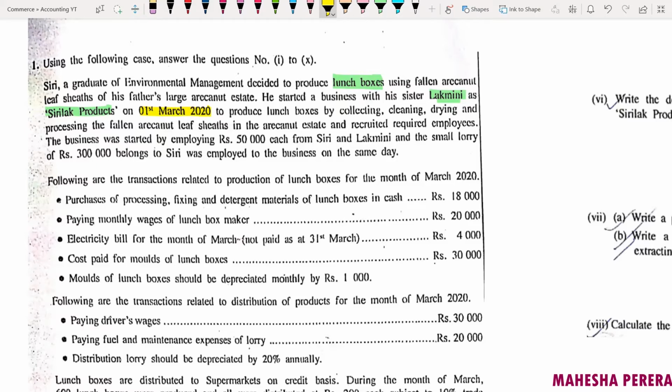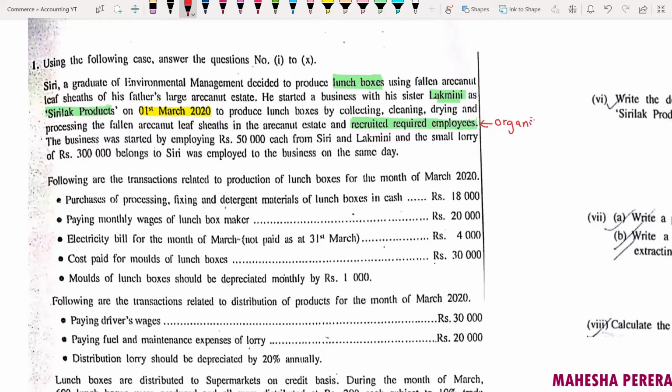Now, if you remember the business studies questions, up to here we have found answers for certain questions, isn't it? Especially this sentence, recruited required employees, is the exact example for organizing.